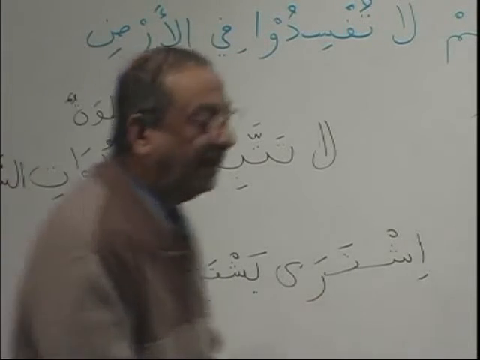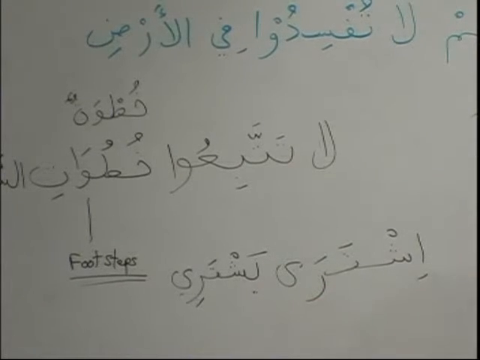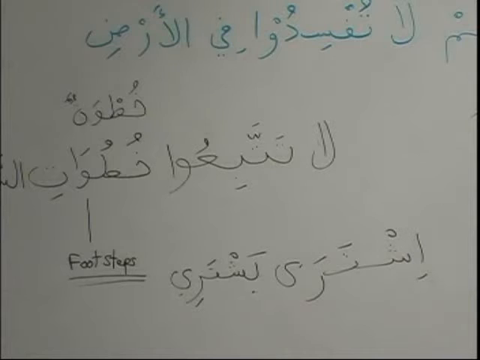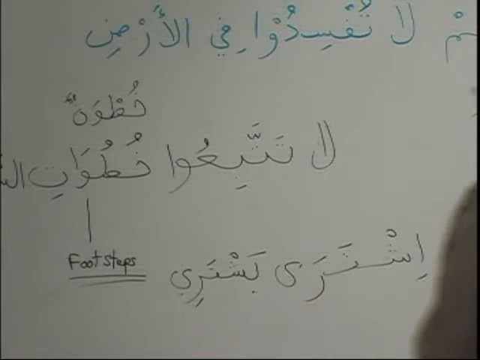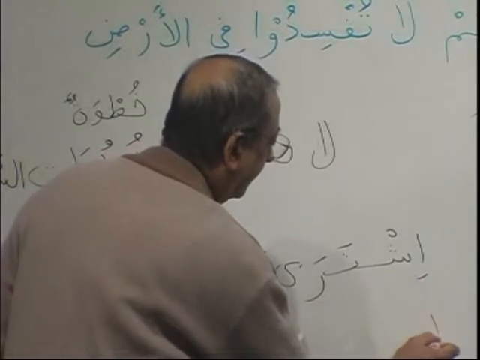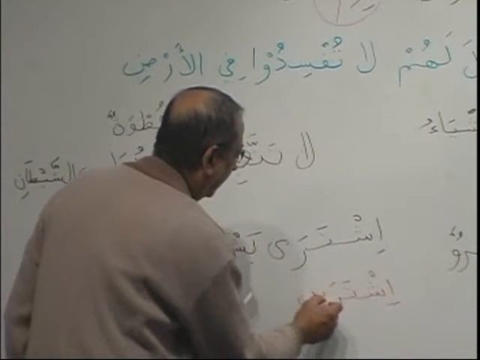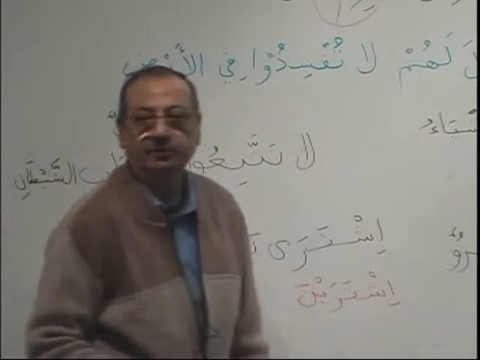Okay, brothers and sisters. Again, as you can see, the lam kalima is a weak letter. It will not conjugate in a normal way. So we are going to leave it. Ishtara, if you put nunu niswa there, what will happen? Ishtarayna. Are you with me? As soon as you put nunu niswa there, it will become Ishtaraina. And then we can conjugate.